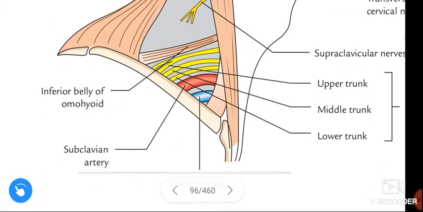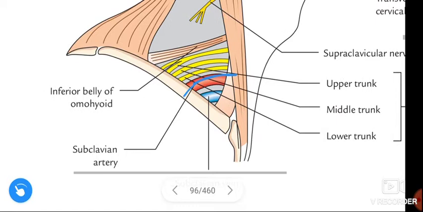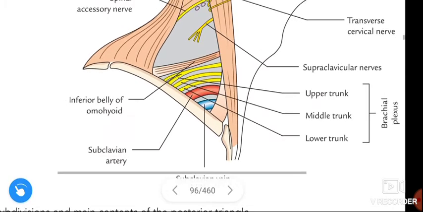Next, this is the supraclavicular or subclavian triangle. Why do we call this the subclavian triangle? Because this triangle contains the subclavian artery. See here, this is the subclavian artery. So we call this smaller lower triangle the subclavian triangle.